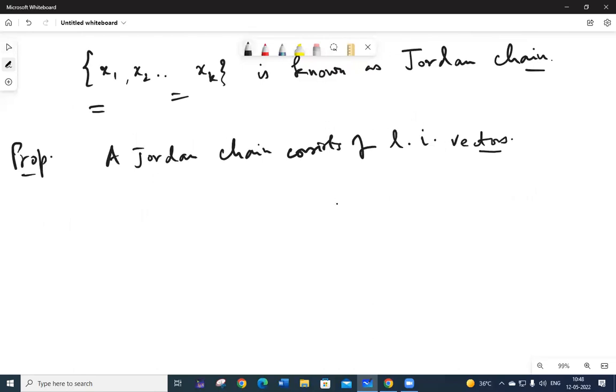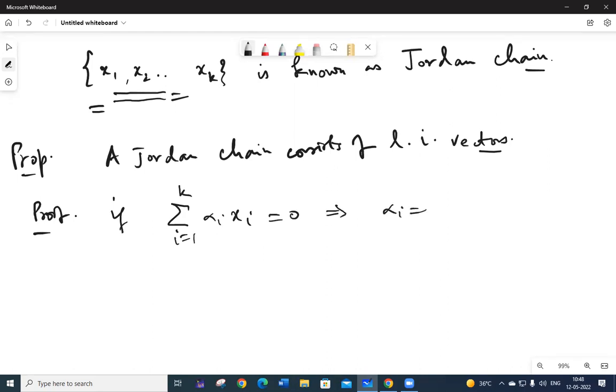How can I prove this? I want to prove that these are linearly independent. Non-zero is already taken for granted by definition. So if the sum of alpha i xi, i running from 1 to k, is equal to 0, this implies alpha i is 0 for all i. This is what I wanted.